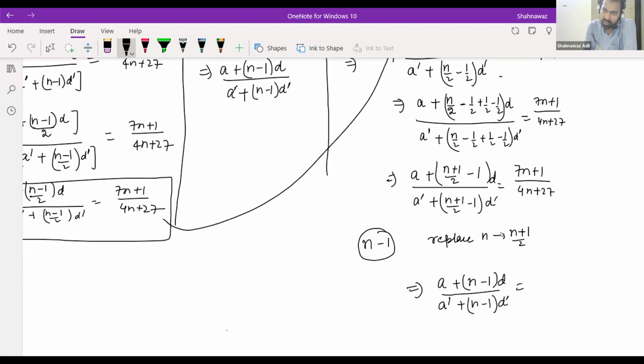So this is replaced with n plus 1 by 2, right? And plus 1 divided by 4 and plus 1 divided by 2 plus 27.